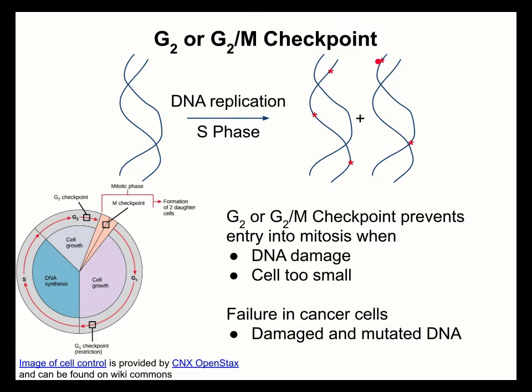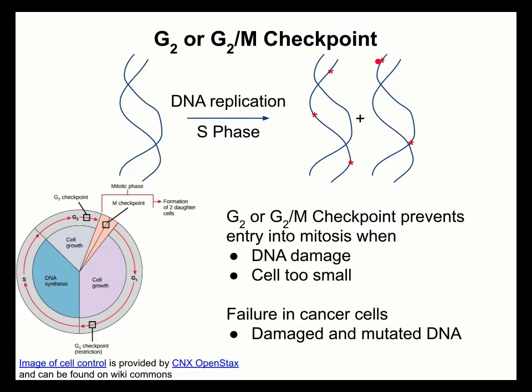We've already learned that during G2 the cell is repairing any damage that happens to its DNA, including mutations due to replication. There are other sources of damage to DNA, like radiation or chemical toxins, and the cell generally does all it can to repair that damage.